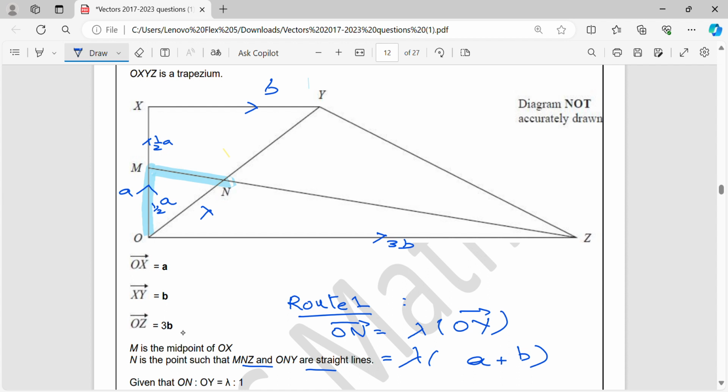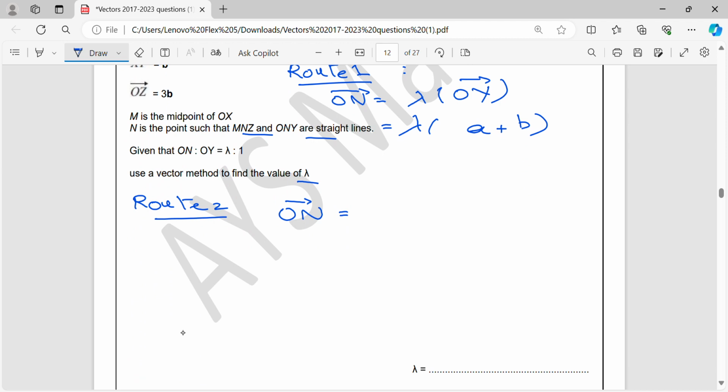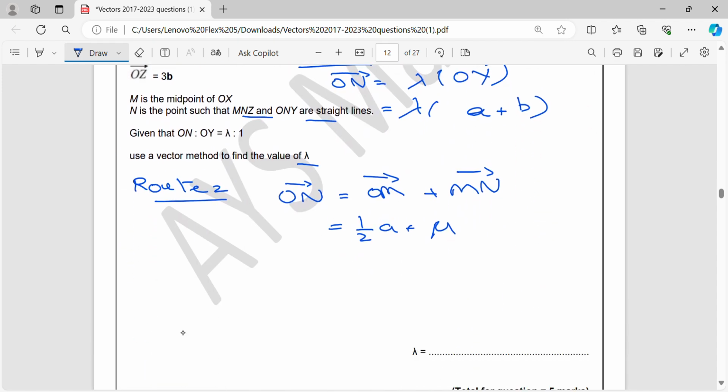I assumed that ON is lambda, so I can assume MN is nu. So ON equals OM plus MN, and OM is half of a. And MN, I assume nu of the total length, which is MZ. You can use any letter, because they have given lambda here, so I just use nu. You can use x or y as well, that doesn't make any difference. So the total length is MZ.